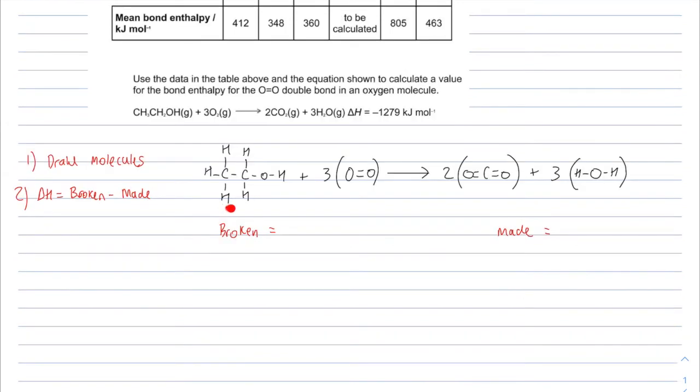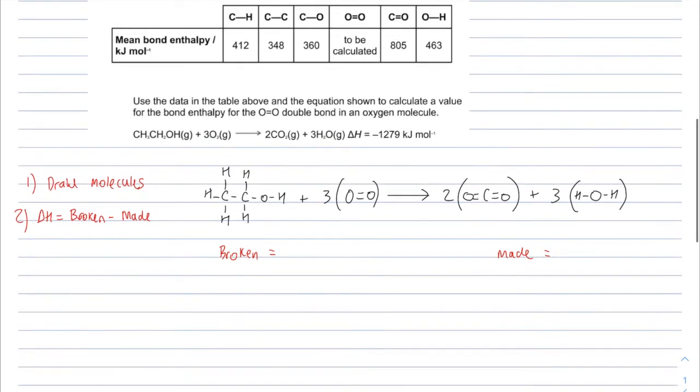Now, looking at the molecules, we can see that in ethanol, there are 1, 2, 3, 4, 5 C-H bonds. Therefore, there are 5 C-H bonds which are broken, and there is also 1 C-C bond, 1 C-O bond, and 1 O-H bond.